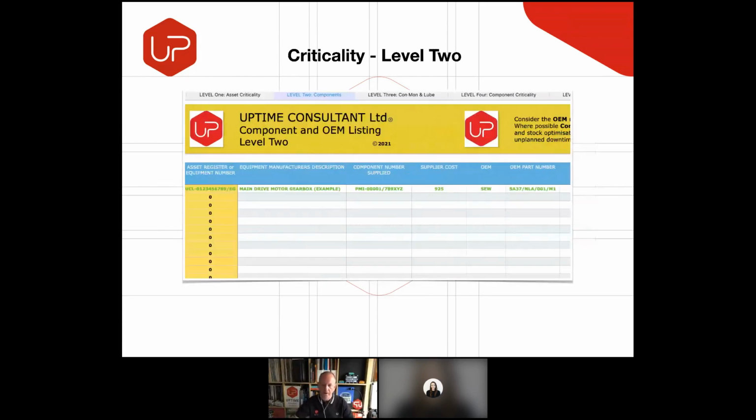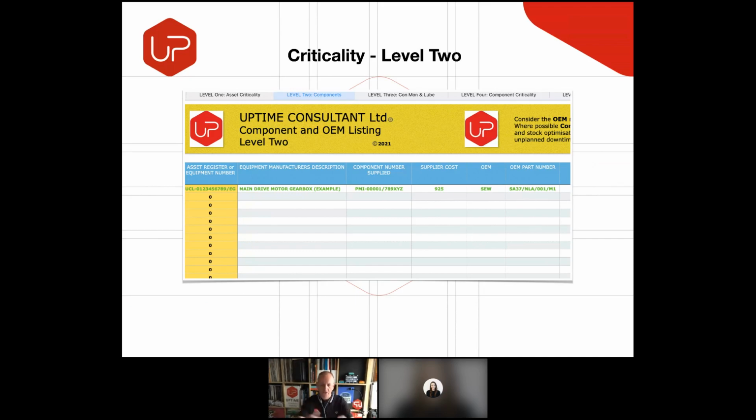So we drill down and say on that oven we'll have motors, gearboxes, bearings, pumps, some other auxiliary drives, belts, rollers, spur gears, inverter drives.